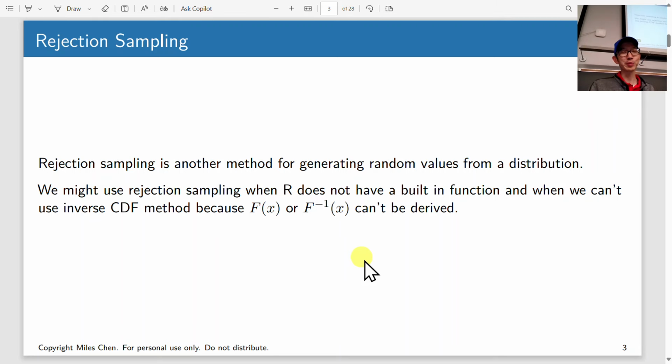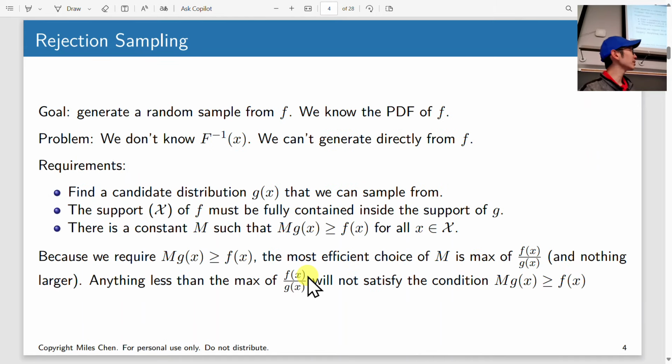But if we were in a situation where we needed more than 16 places of decimal accuracy, how would this work, because we don't have a solution for the CDF? For something like that, we can use rejection sampling.